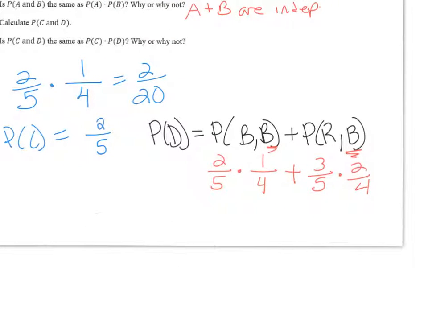So if we calculate these probabilities, we get 2 out of 20 plus 6 out of 20, which is 8 out of 20.